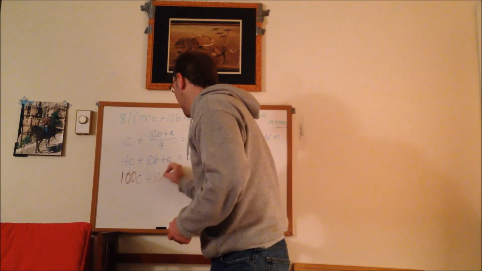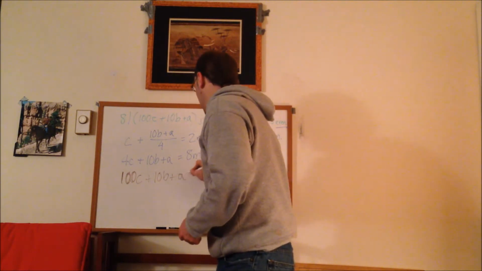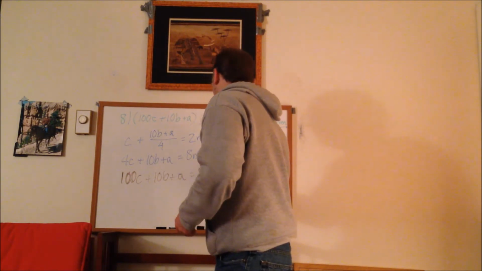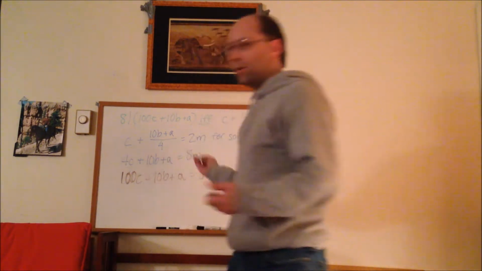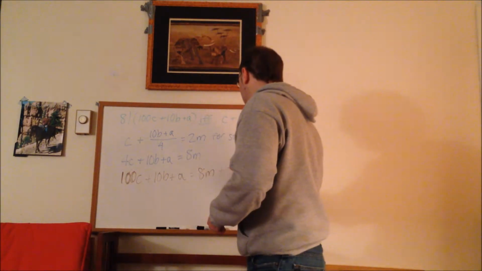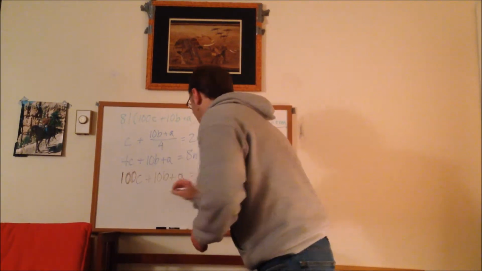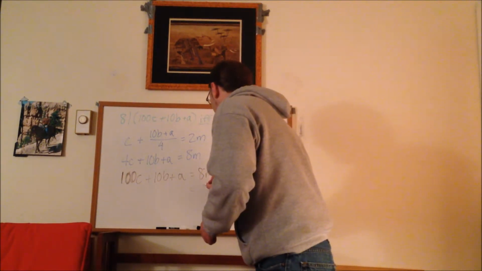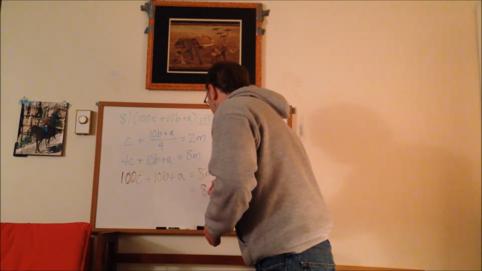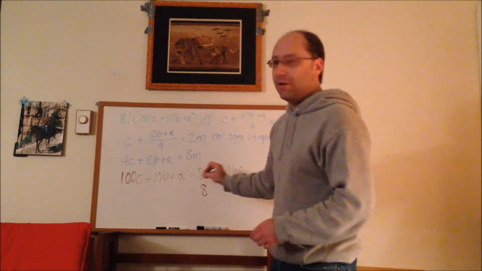100C plus 10B plus A. So how did we get from 4C to 100C? We added 96C to both sides. So here we go. So this whole thing is, you can factor out an 8 here. That's the whole point, is that you can factor out an 8 from this.